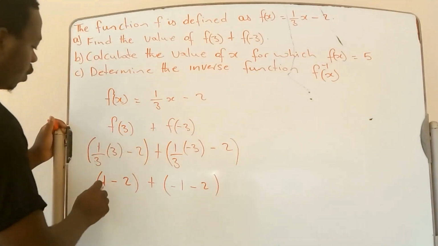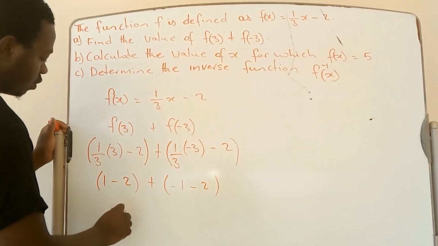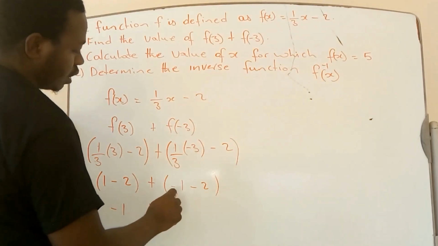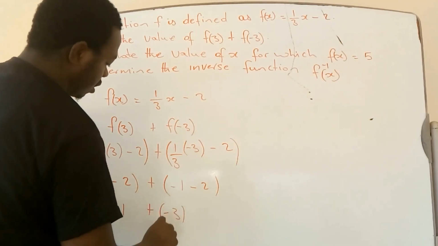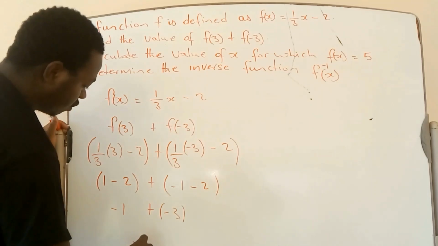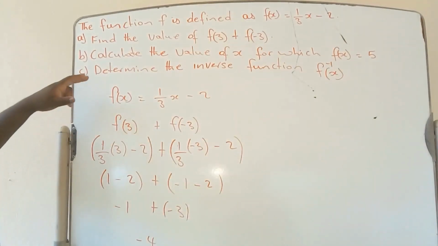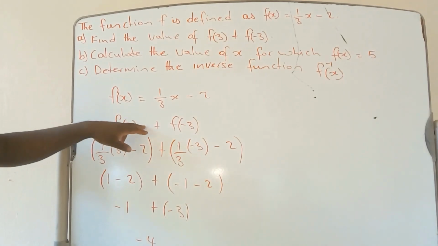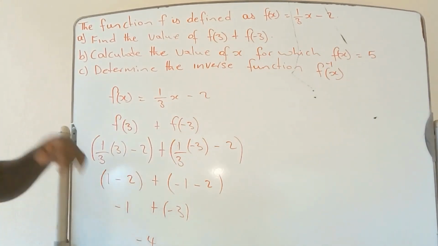What's 1 minus 2? That is just -1, plus -1 minus 2, that's -3. So -1 plus -3 is just -4. Alright? So therefore, f of 3 plus f of -3 is equal to -4.